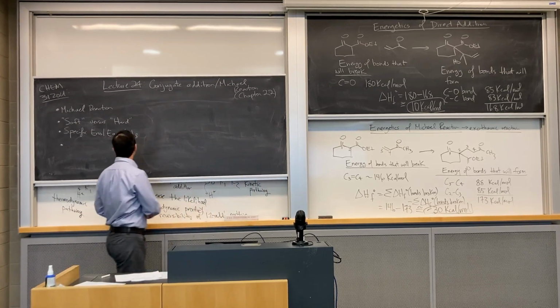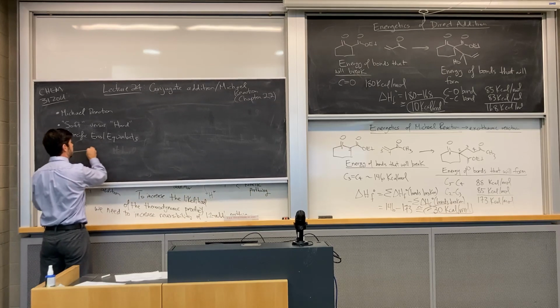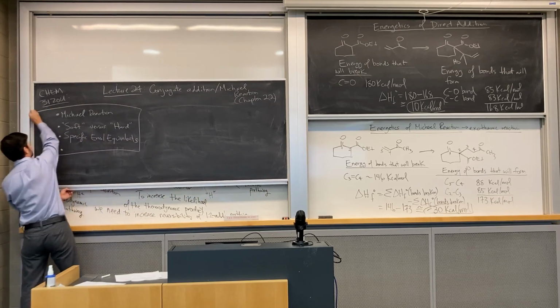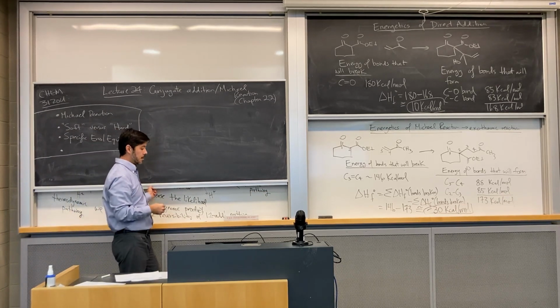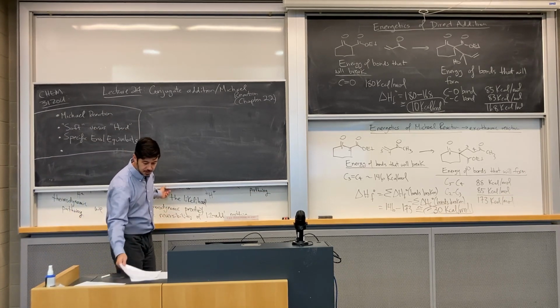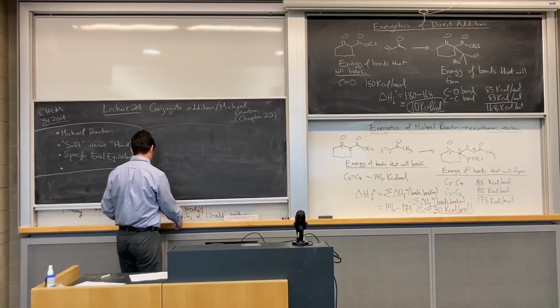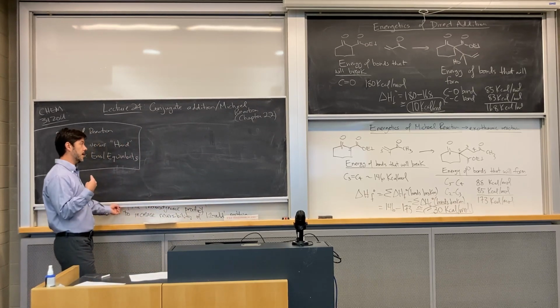I'll put this in a neat little box because we might use it again for the next lecture. So, conjugate addition is favored by an increased likelihood of the direct reaction being reversible.